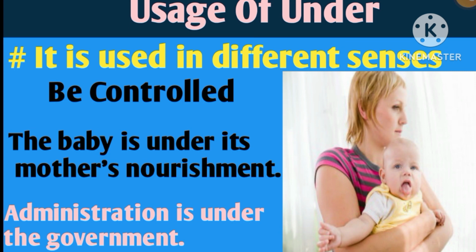Dear friends, the preposition under sometimes conveys the meaning of this one, be controlled. That means whenever you use this term under and after that you use any kind of noun, this under refers to this meaning, under control or be controlled.